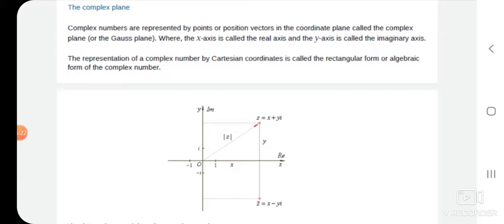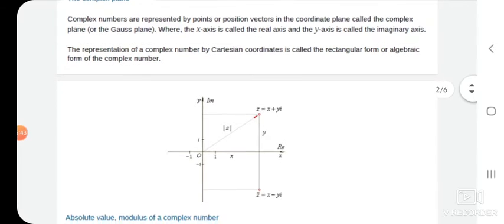The representation of a complex number by Cartesian coordinates is called the rectangular form or algebraic form of a complex number. That can be represented with the help of the following diagram.